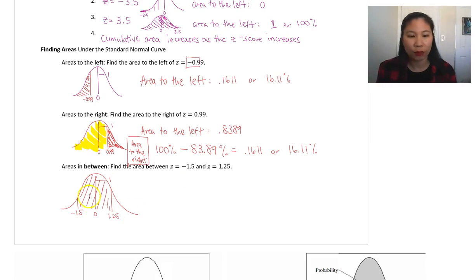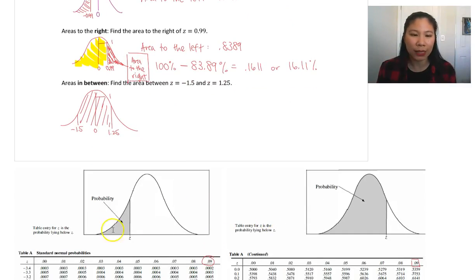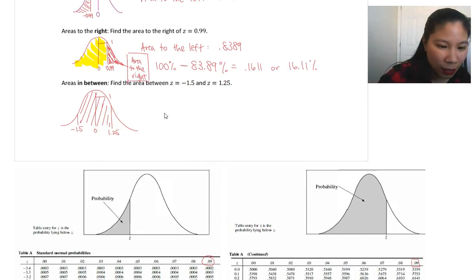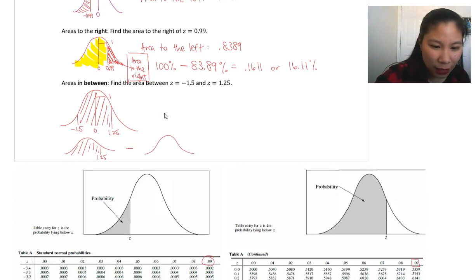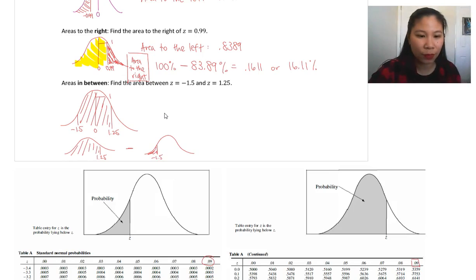To find that middle area, because our table only tells us areas to the left, I find the area to the left of 1.25, because that was my second number, and then subtract the area to the left of negative 1.5.